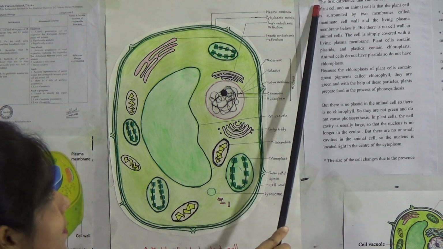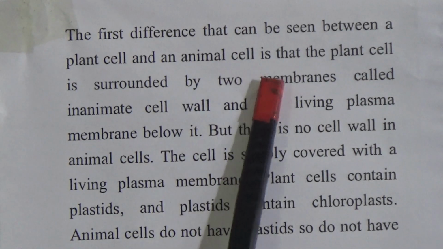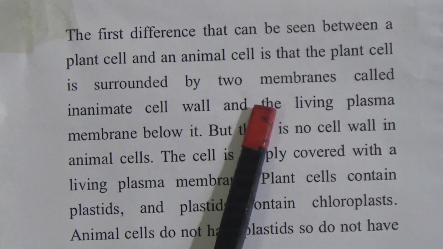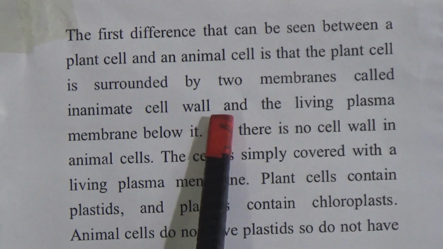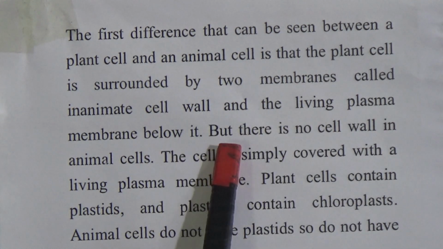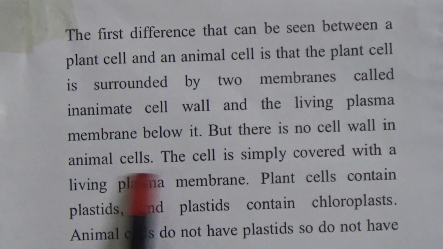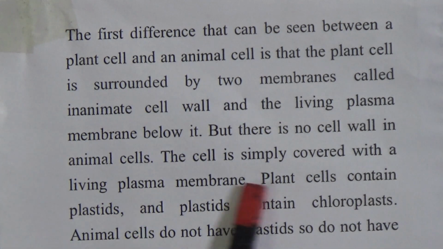Now come to the writing part. The first difference that can be seen between a plant cell and an animal cell is that the plant cell is surrounded by two layers, called the inanimate cell wall and the living plasma membrane below it, but there is no cell wall in an animal cell. The cell is simply covered with a living plasma membrane.